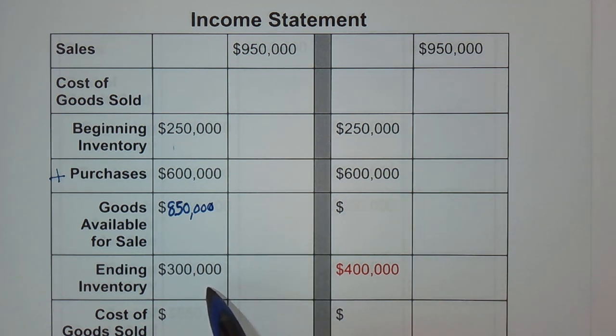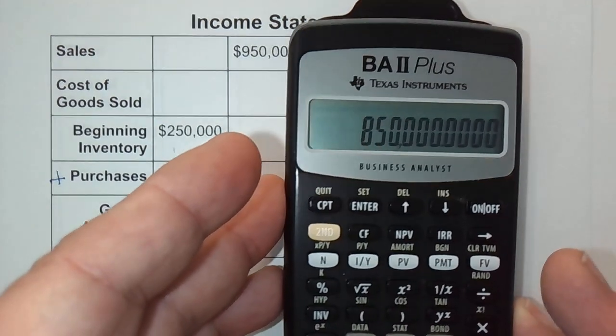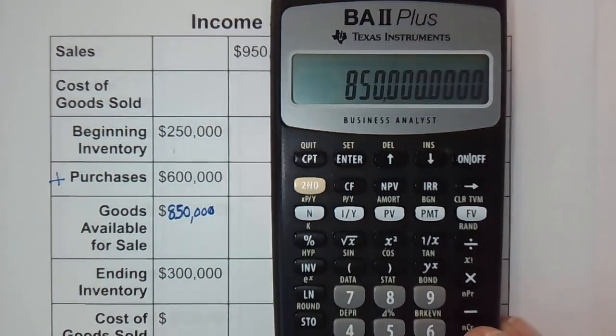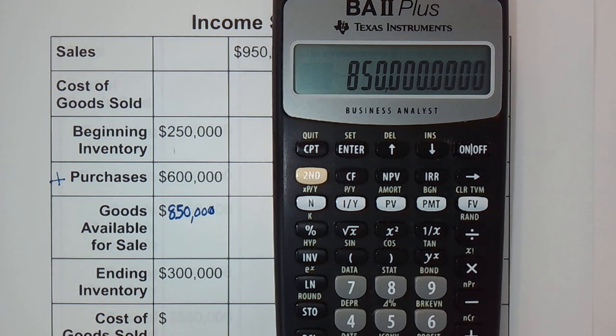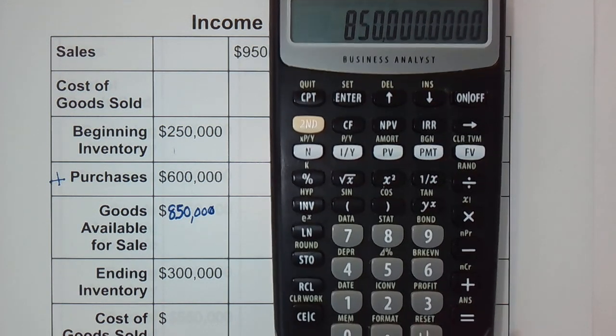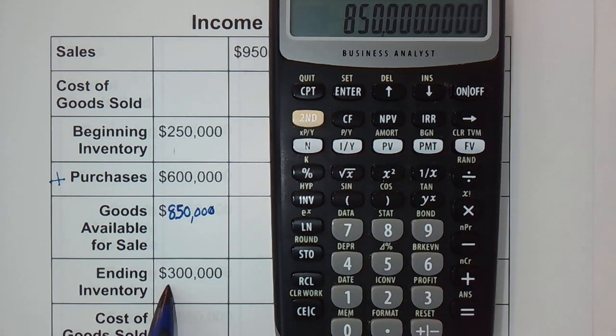Then we have a correct ending inventory. So I'm going to show you we've got $850,000 as our goods available for sale. In this example, we're going to, at this point, have a correct ending inventory of $300,000. So in other words, that's how much is left in the warehouse to be sold to customers at the end of the accounting period.